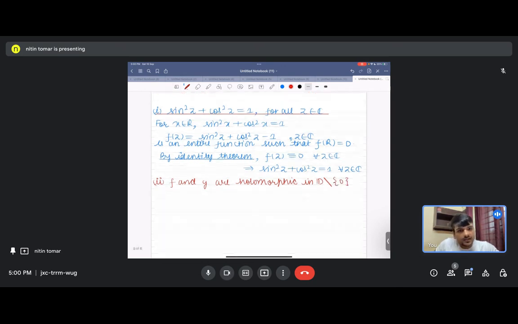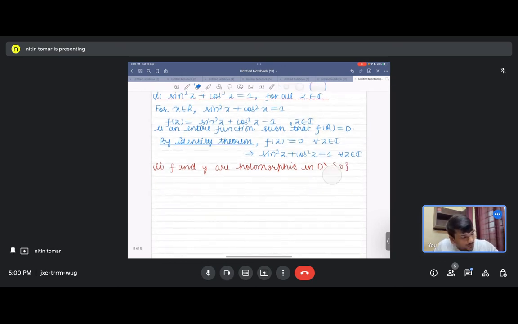So you have one open unit disk and you remove the 0 part. So it is a domain, right? It is still an open set, such that f of 1 by n is actually g of 1 by n for all natural numbers.